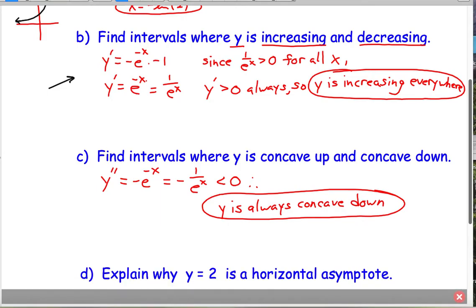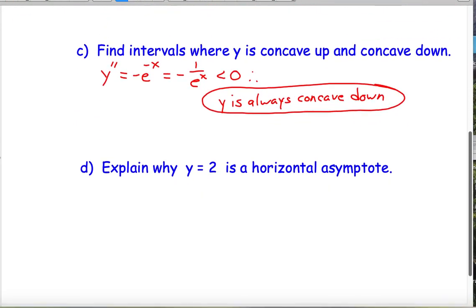And then lastly, explain why y equals 2 is a horizontal asymptote. For horizontal asymptotes, we need to look at what happens as x gets really big or really small. So our original function was y equals 2 minus e to the negative x. Let me write this a different way: 2 minus 1 over e to the x.